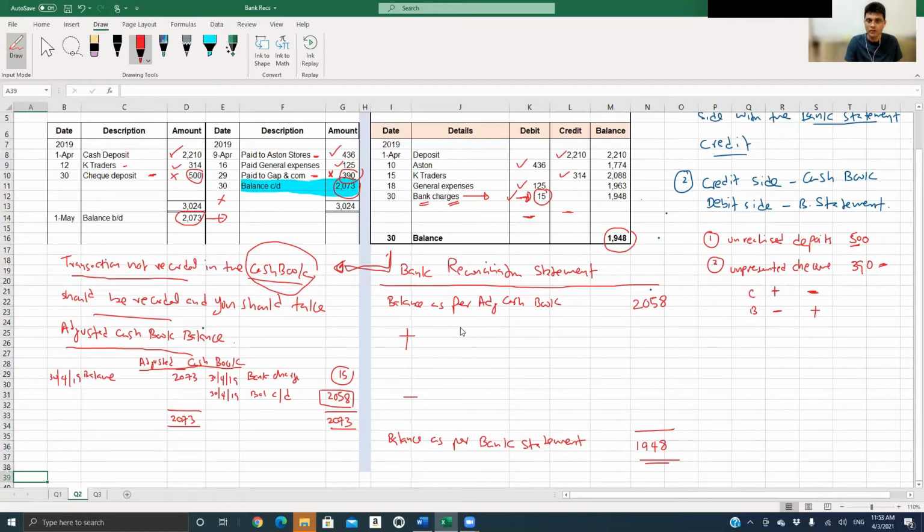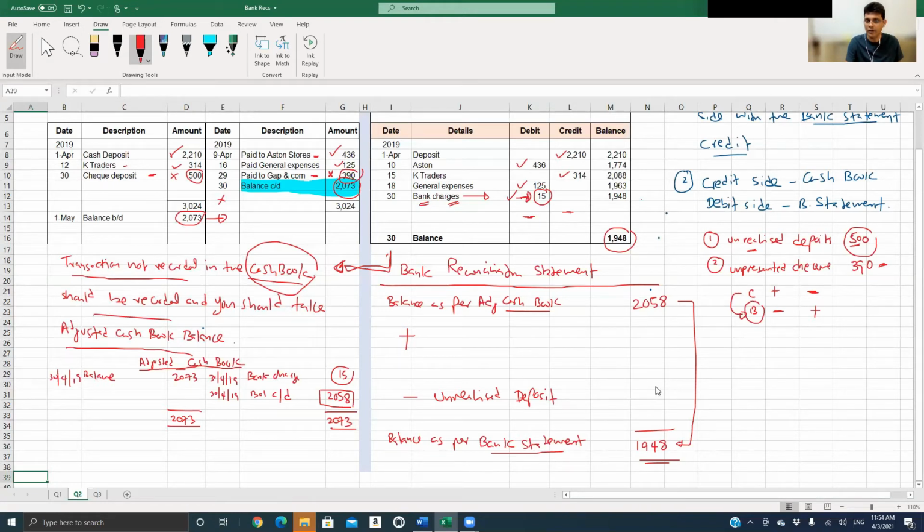Okay. So since we have to arrive at the bank statement balance from the cash book balance, we need to deduct the first one, 500, which is the unrealized deposit, because this amount has not gone to the bank, so therefore the bank balance is less.